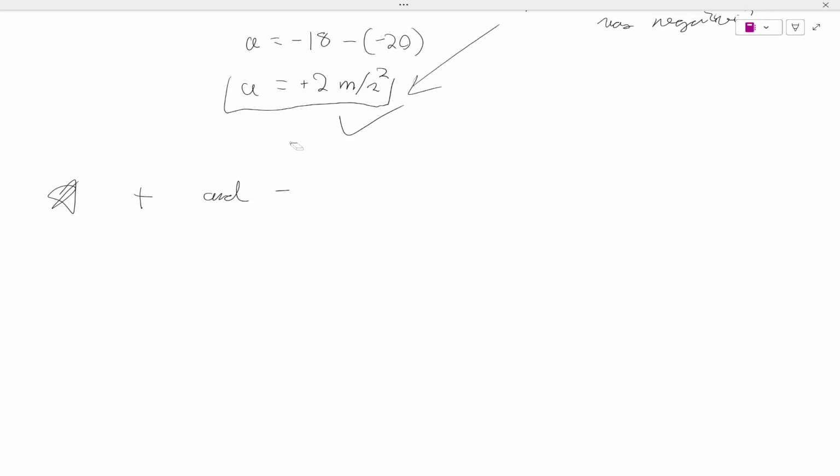does not tell us direction. It doesn't tell us direction, but how the velocity is changing. So those signs do not tell us the direction velocity is changing.